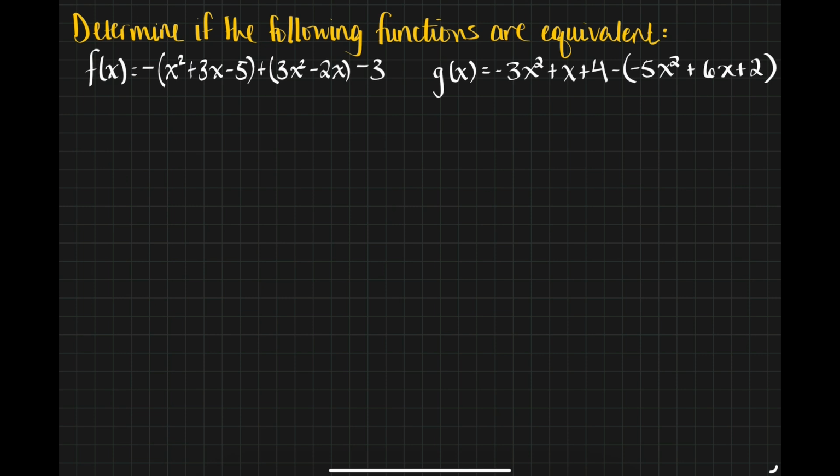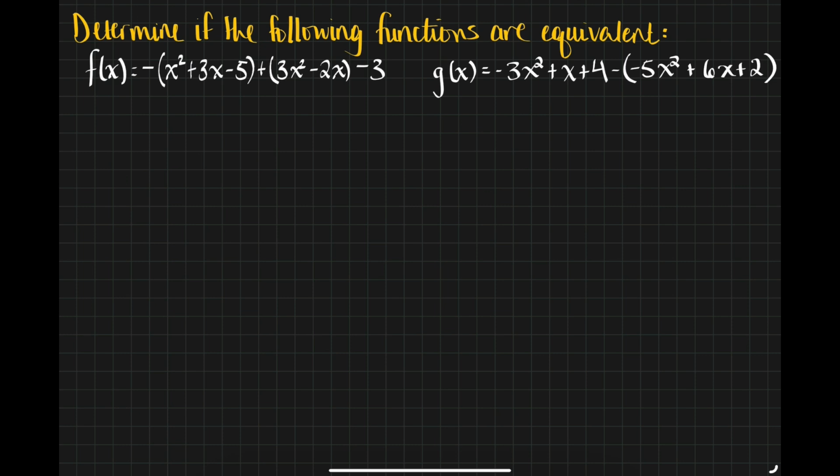So for f of x, our first function here, and if we are trying to compare that to g of x over here, there are two ways that we can do this. In case we are to substitute a value into both of these functions, for x that is, and if it so happens that when we simplify the expressions after substituting the x value, they don't turn out to equal one another, then we don't get the same value, that means that the functions are not equivalent.